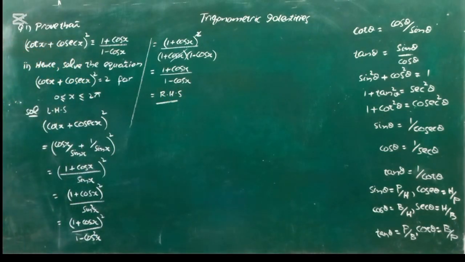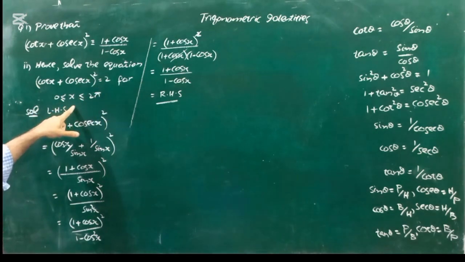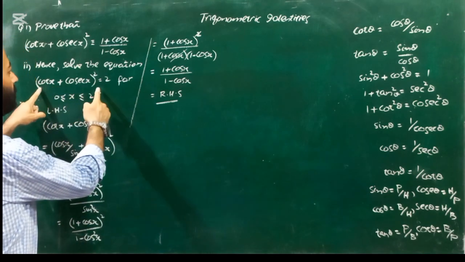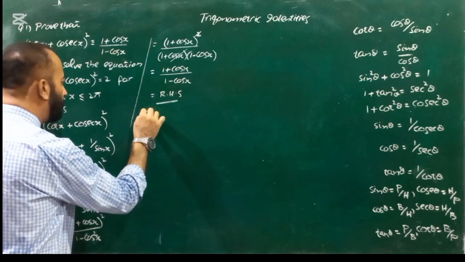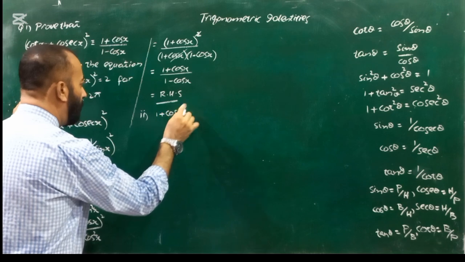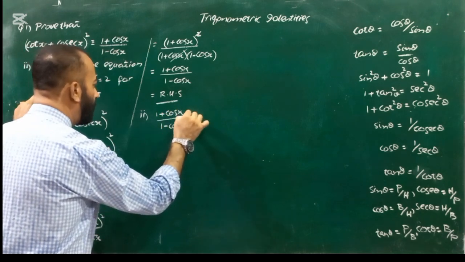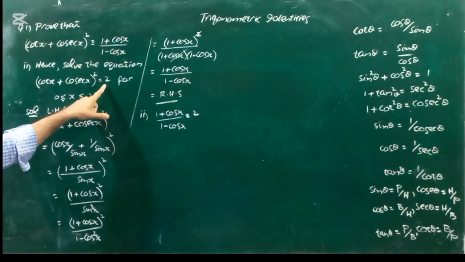Okay, in the second part, the requirement is hence solve the equation. This is equal to 2 for this range. Because this thing is equal to now this thing, so it means second part, 1 plus cos x over 1 minus cos x is equal to 2 now, because this is the thing which is given.